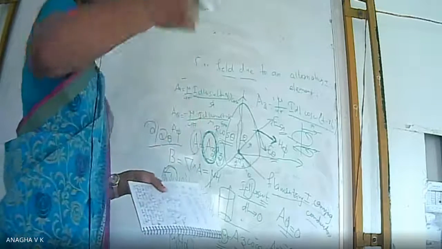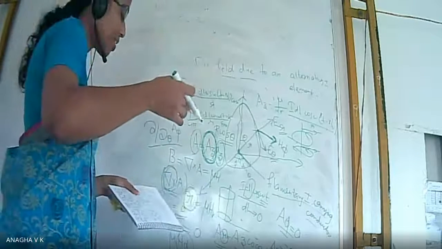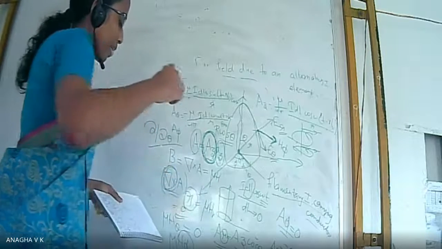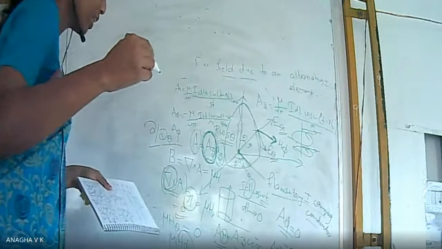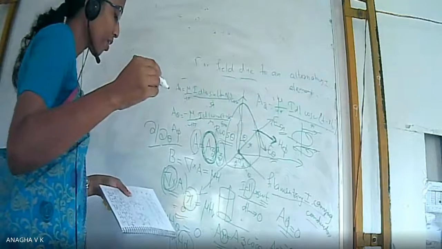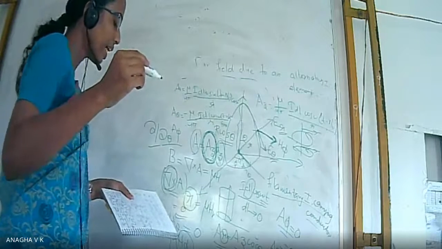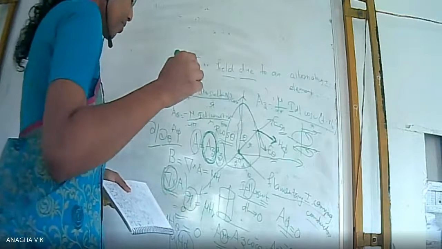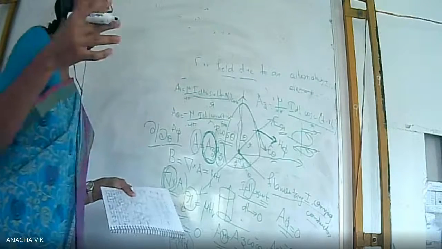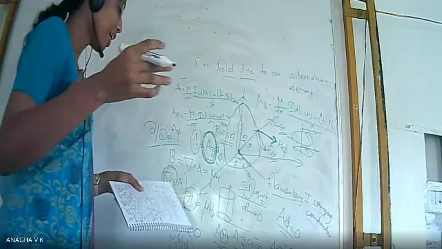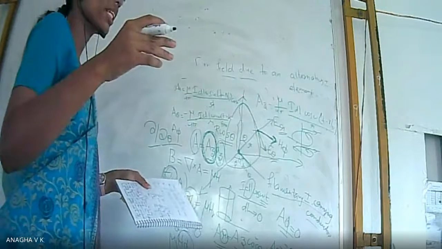Likewise, you interchange the components. Next, for theta, it is dou by dou r into A_phi minus dou by dou phi into A_r. Likewise for the other two: if theta is present, the other two are r and phi; if phi is present, the other two are theta and r.